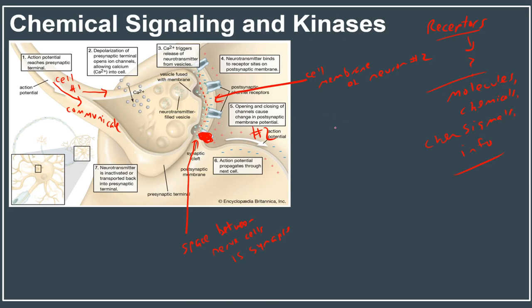A lot of times receptors will have little regions that can recognize molecules that fit into them and stick. So this might be a receptor, and this might be another molecule, which in this case we might call neurotransmitters. Neurotransmitters are molecules that have to engage receptors.